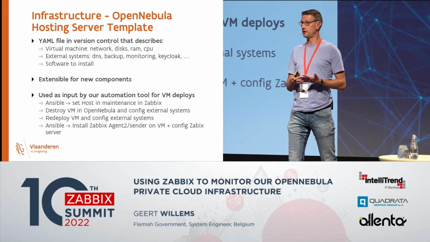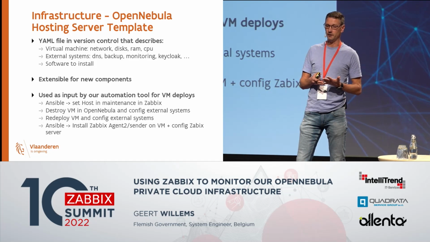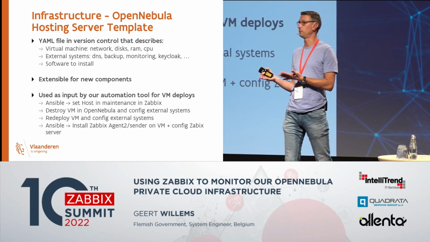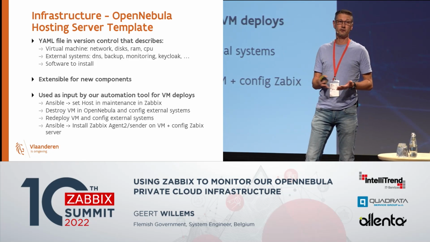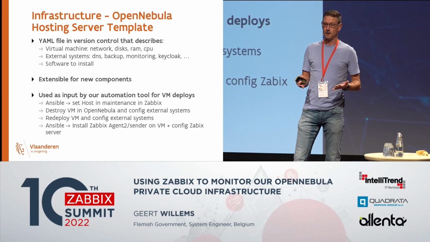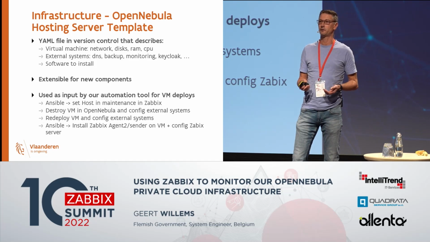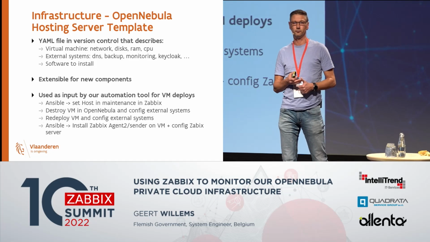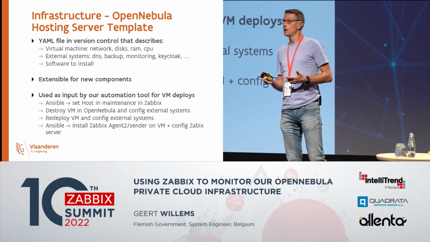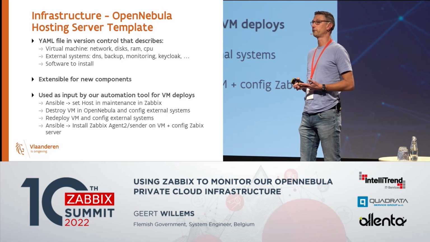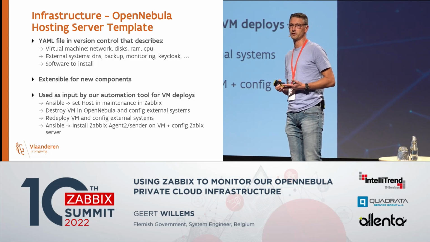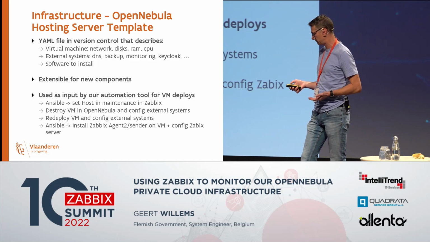Then a new VM will be deployed within OpenNebula, and it will be reconfigured on the external systems. And once the server is up and running, a new Ansible role will be executed in order to install the Agent 2 and the sender, as well as the configuration files that are needed, and the reconfiguration of the host, the virtual machine, will be done on the Zabbix server.